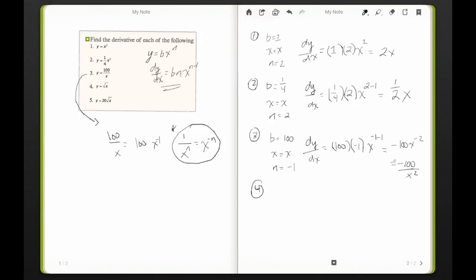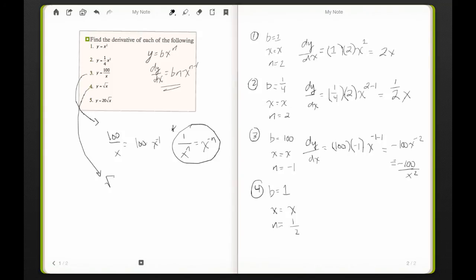Let's move forward with 4, y is equal to the square root of x. There is a coefficient, it's 1. The variable we're taking the derivative with respect to is x, and our exponent is a half. Remember, the square root of x is the same thing as x to the half.